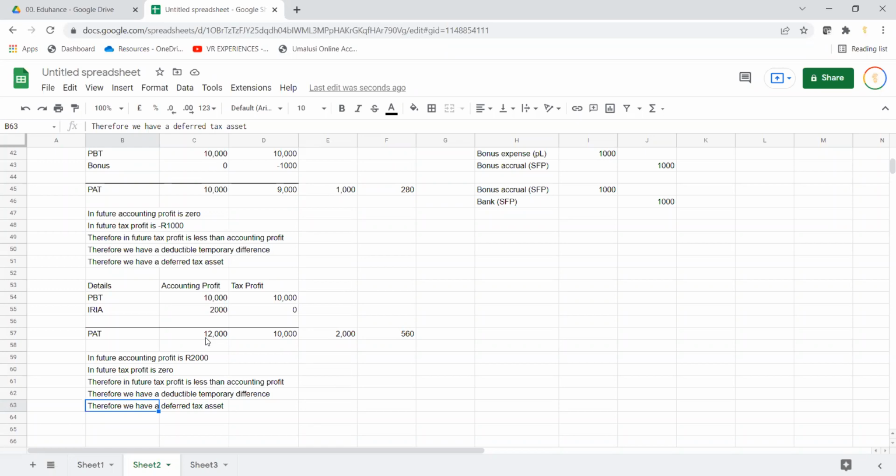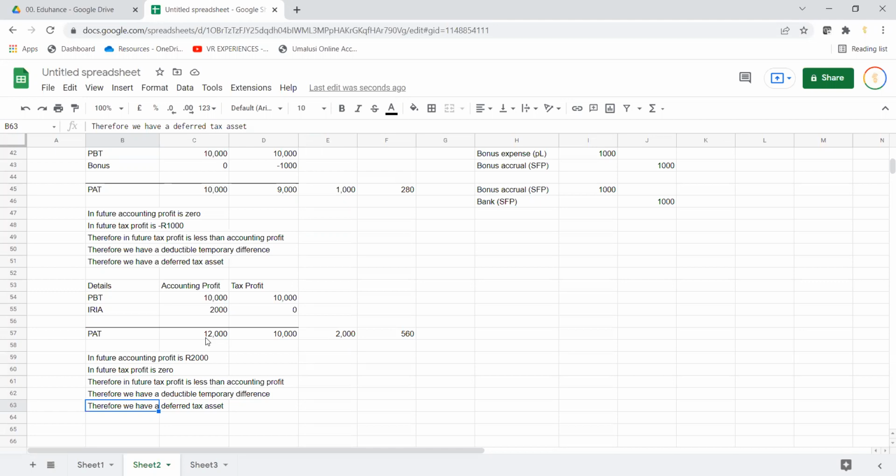Remember, whenever you have an asset, it needs to meet the recognition criteria that the future economic benefits must be probable. So when you have a deferred tax asset, you will have to prove that you can recognize that deferred tax asset. The only way you can recognize a deferred tax asset is if you can prove in future periods you will benefit from it.